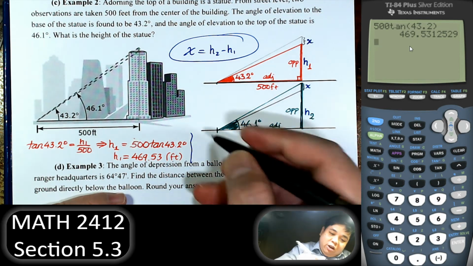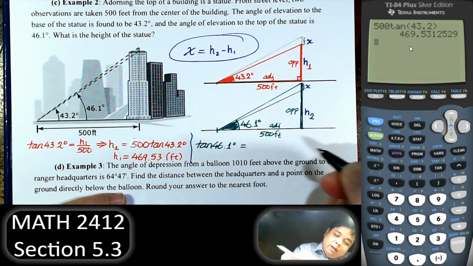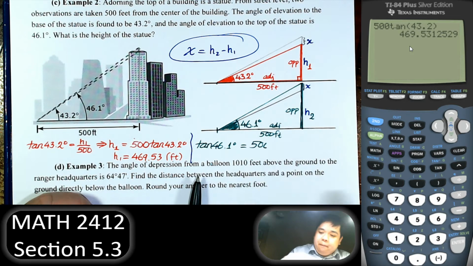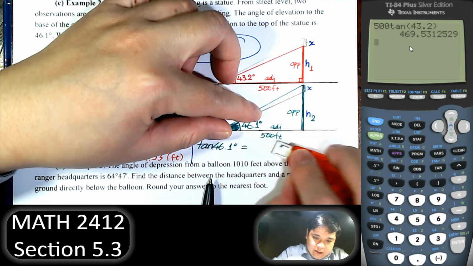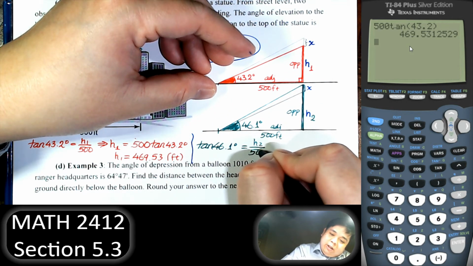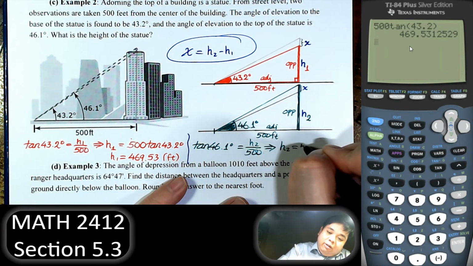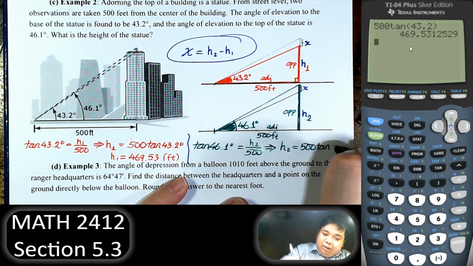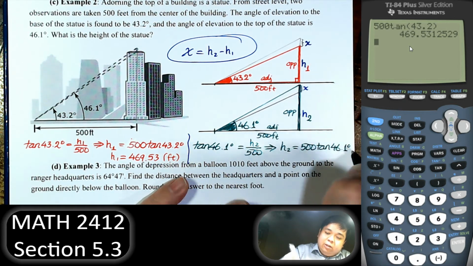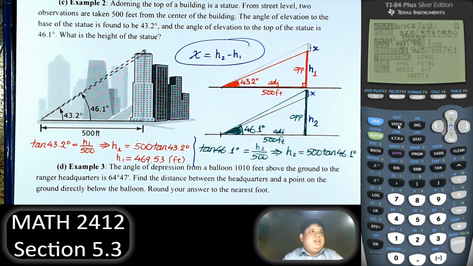Now h2, we use the other triangle. Tangent of 46.1 equal to, tangent is opposite, h2 over 500 adjacent. So h2 is equal to 500 tangent of 46.1 degrees. By the way, yeah, still in degree mode.